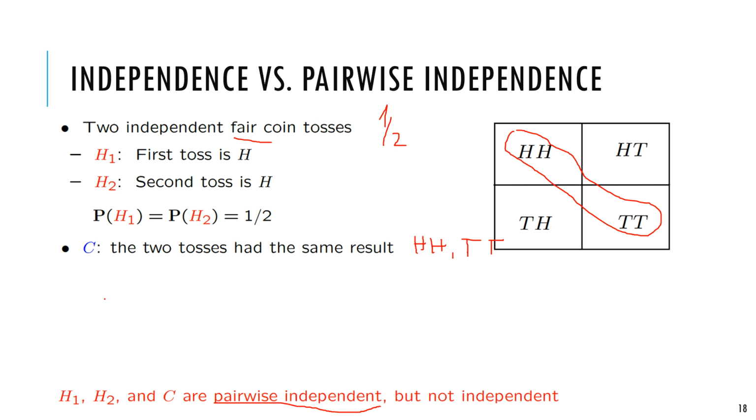The probability of X1 and C is equal to the first toss being heads and the same result, which is just one outcome here. So it is 1/4.